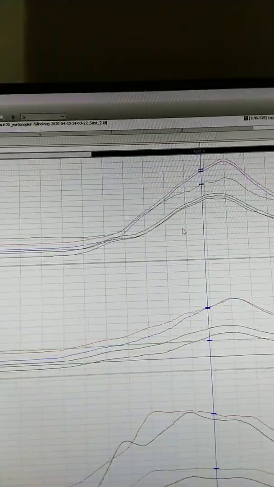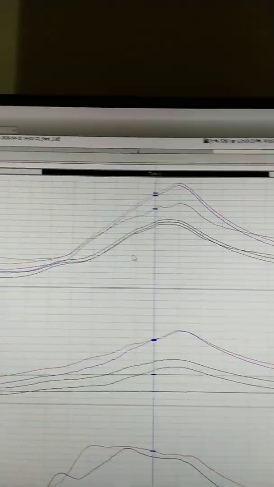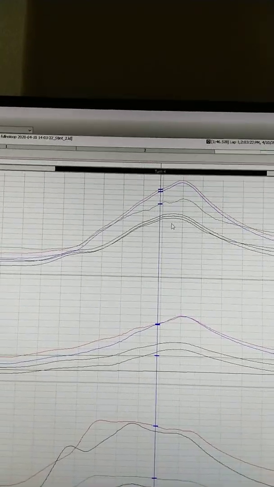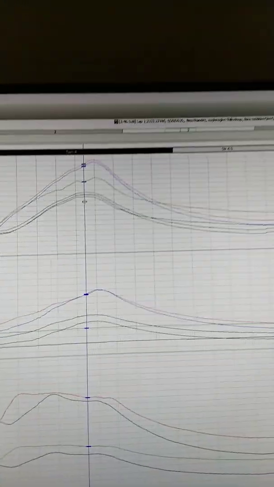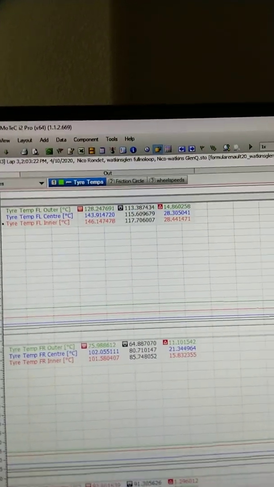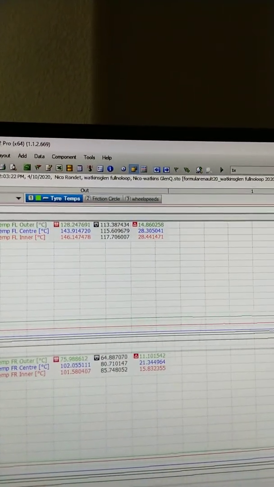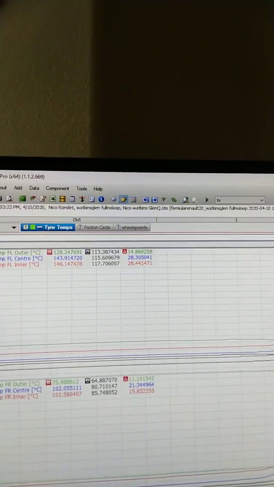And you see the difference, the peak in temperature on the black line, again through turn 5, starts to round up a lot sooner, and it's a lot lower temperature altogether. That number right there is 117 degrees Celsius over 146 for the inner tire of the left front with the excessive amount of steering.